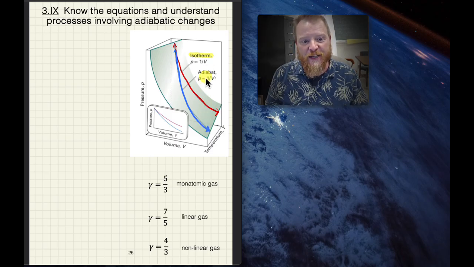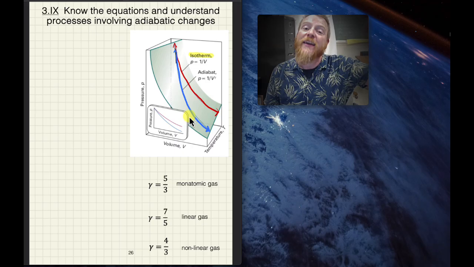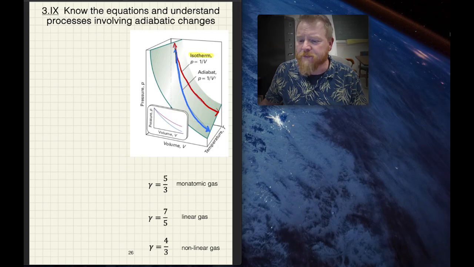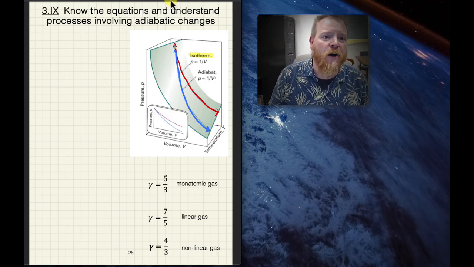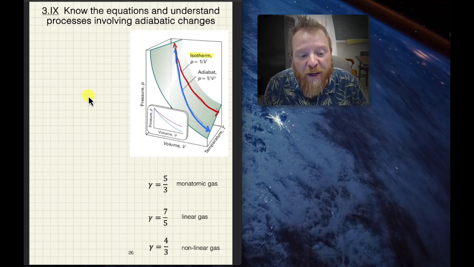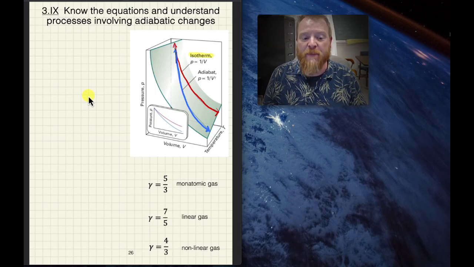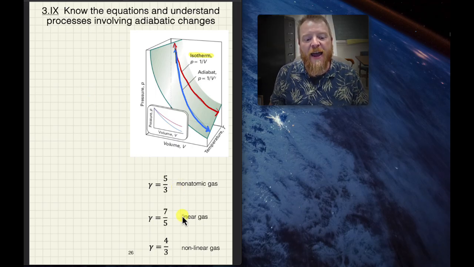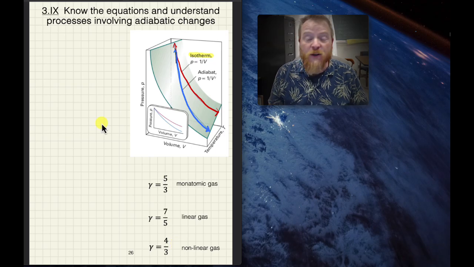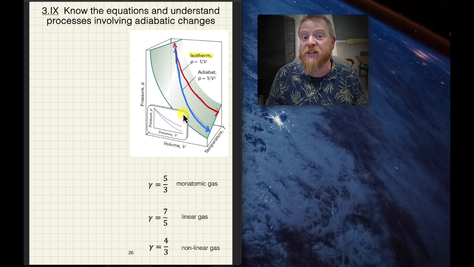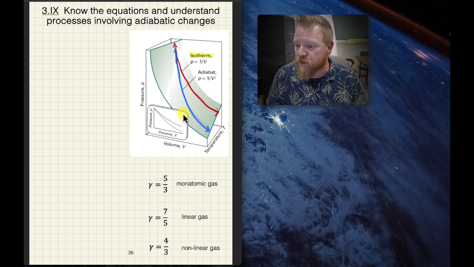And you'll notice here that if we look at this on a 2D slice, because our adiabat is proportional to 1 over V raised to the gamma power, it's falling off more steeply than is the isotherm. Okay? So now, of course, because our molecular modes store energy, and because there's nowhere else for us to get energy from in an adiabatic process, our monatomic gas, our linear gas, and our nonlinear gas will have different adiabats. So they will have different temperature changes because of the way they store energy in those modes.